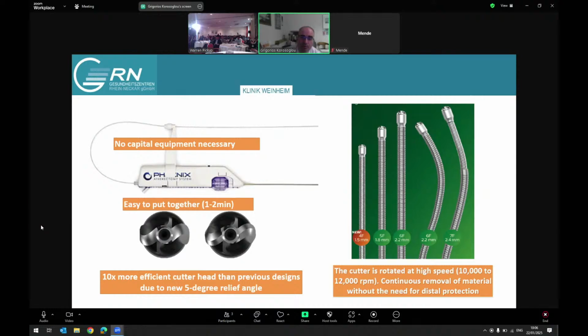And you can see also that it is compatible with several sheath sizes. So if you have a small sheath size and you do a BTK revascularization, you can stick with a 4 French sheath, and of course you need larger sheaths with the larger sizes of the catheter.